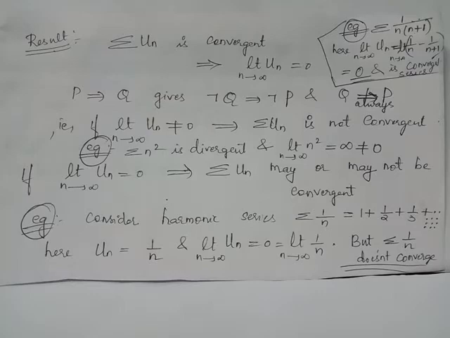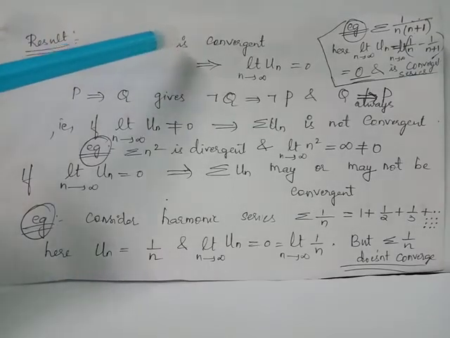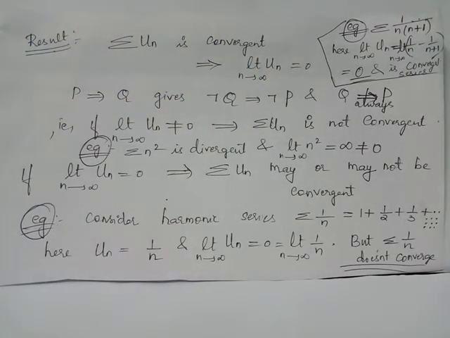If you consider this result as P implies Q, then whenever P implies Q, it follows that negation Q implies negation P. That is, P implies Q is a logical mathematical statement which is equivalent to not Q implies not P, which will mean that whenever limit n tends to infinity un is not equal to 0, then we will have to conclude that the corresponding infinite series summation un will be divergent.